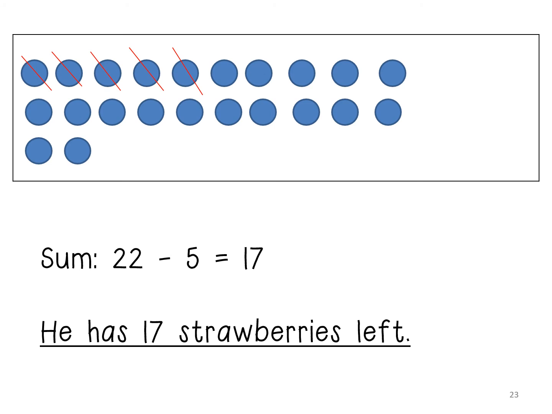How many is left? 1, 2, 3, 4, 5, 6, 7, 8, 9, 10, 11, 12, 13, 14, 15, 16, 17. So there is 17 left. So our sum will be 22 minus 5 is equal to 17. So he has 17 strawberries left.